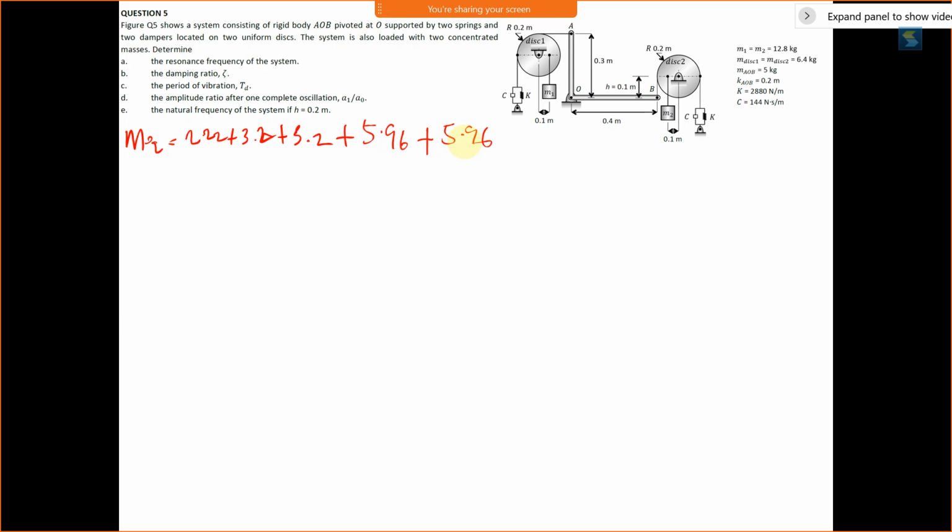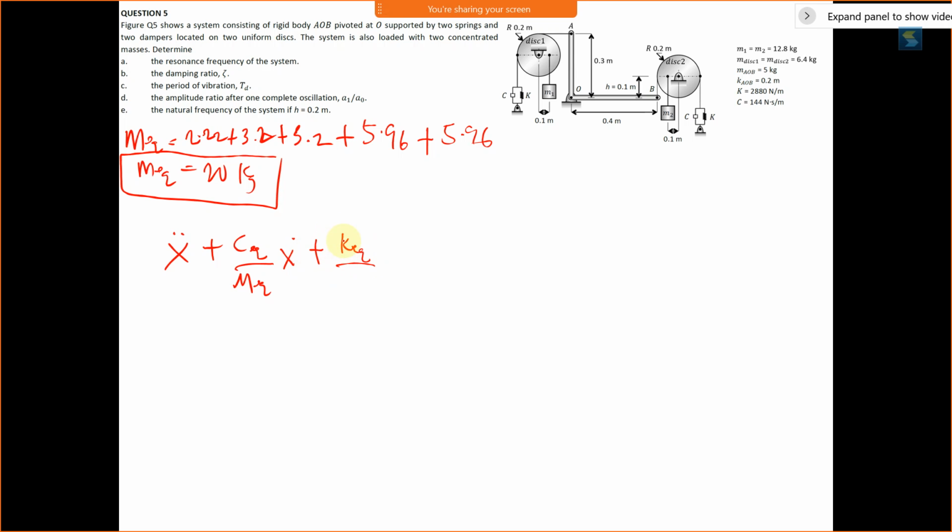Sorry, 5.96. So M equivalent equals 20, isn't it? 20 kilogram. So that is our M equivalent. Alright, so once we get M equivalent, then put it into the equation. So M equivalent X double dot plus C equivalent X dot plus K equivalent X equals 0.